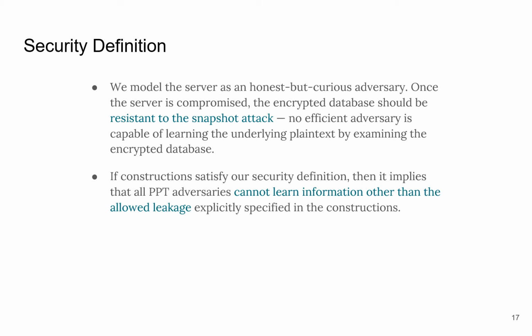If constructions satisfy our security definition, then it implies that all efficient adversaries cannot learn information other than the allowed leakage explicitly specified in the constructions. In our case, we aim at a construction with basically no leakage, whereas the security definition is for the general case, so it has an abstract leakage profile.